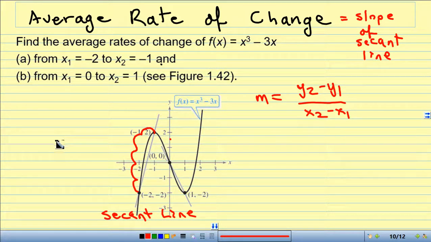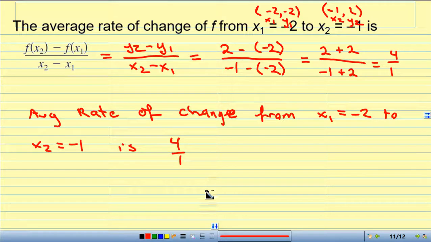So if I represent rise over run, I rise 4, and I run 1. My slope is 4 over 1. Again, that's the average rate of change. It's your slope of the secant line, 4 over 1. That's it.